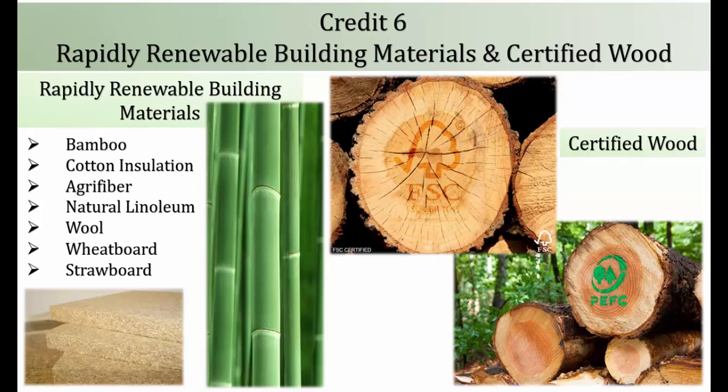The percentage of rapidly renewable material or certified wood by cost over the total wood material cost is 50% and 75% to obtain 2 and 4 points respectively. Our project will have 100% use of FSC certified wood, hence we have taken 4 points under this credit.